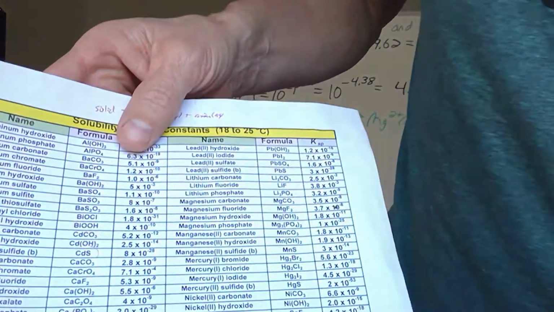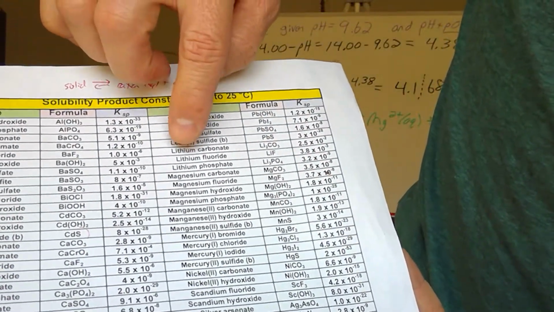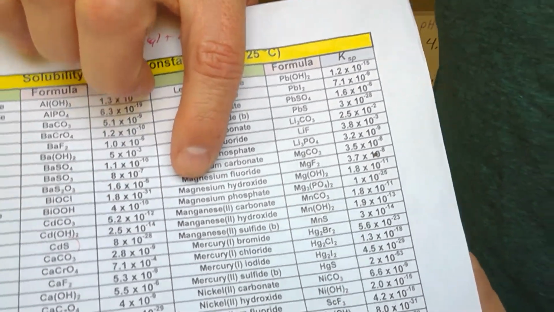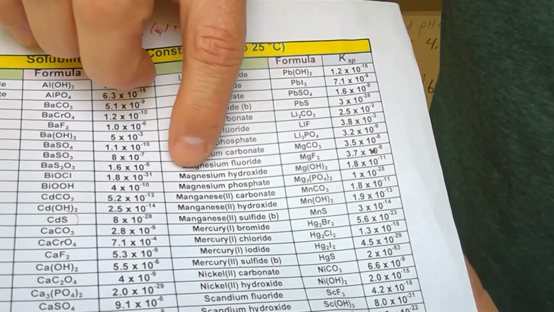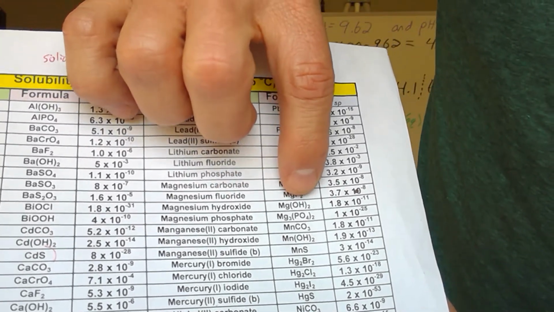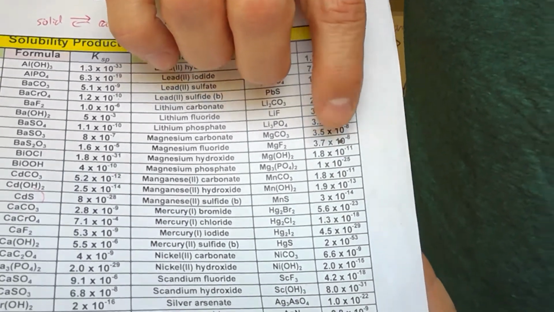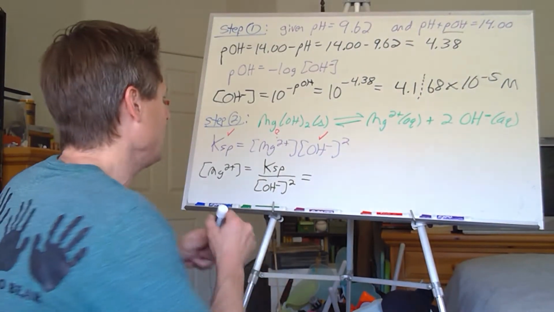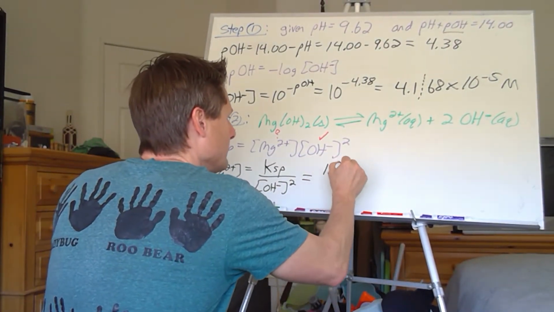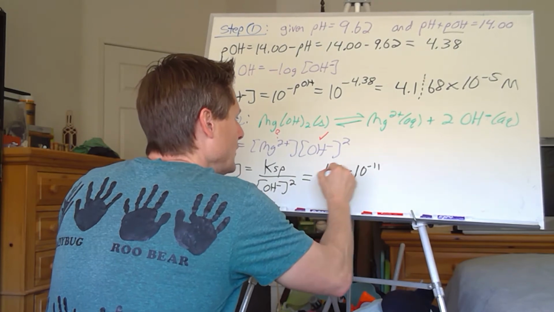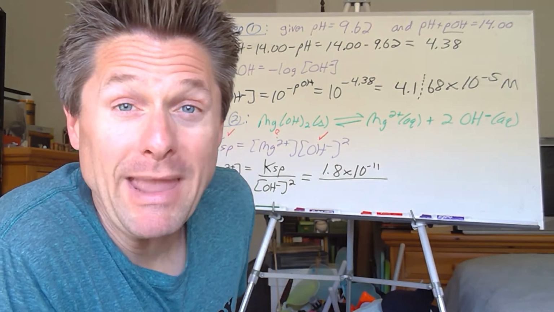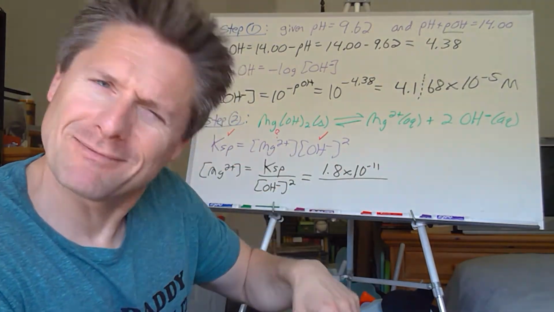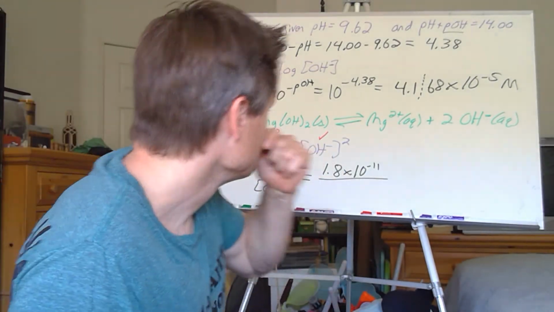All right, we want magnesium hydroxide, not manganese. Magnesium hydroxide. Right there, 1.8 times 10 to the minus 11. Good to 2 significant figures. I almost did the manganese. Like I said, I was looking upside down. I don't have my glasses on.